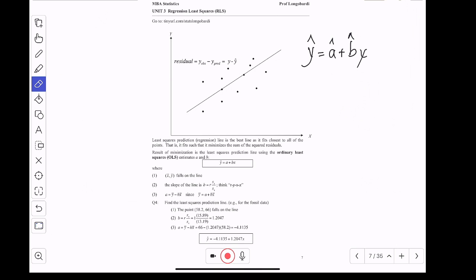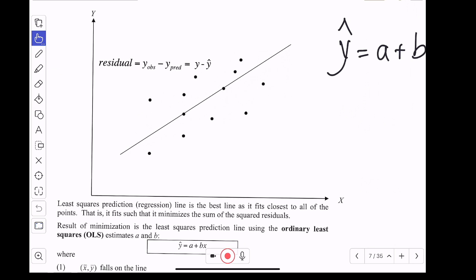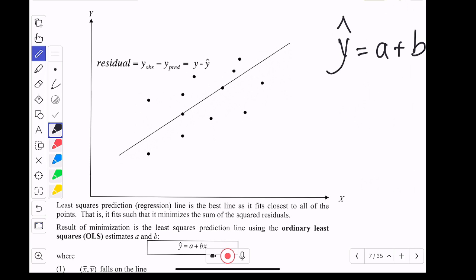Not to be so intimidating, I just get rid of the hats, but really they're estimates. Okay, so the idea of the line is the line fits closest to all the points in that it minimizes the residual. What is the residual?